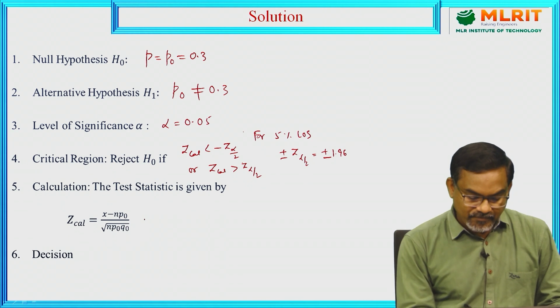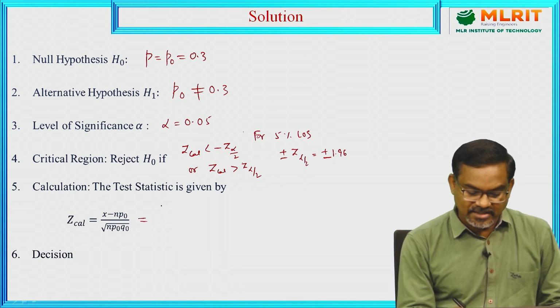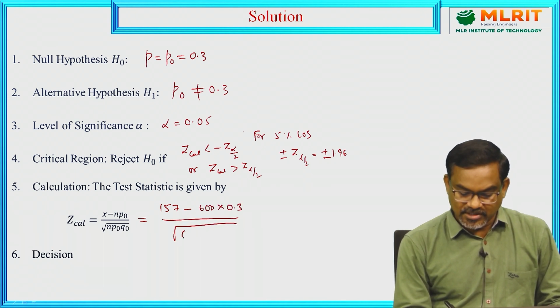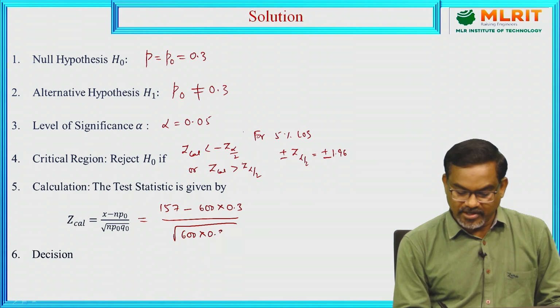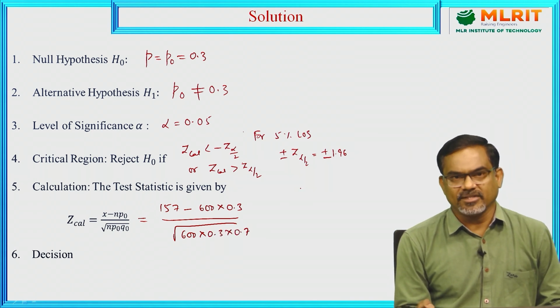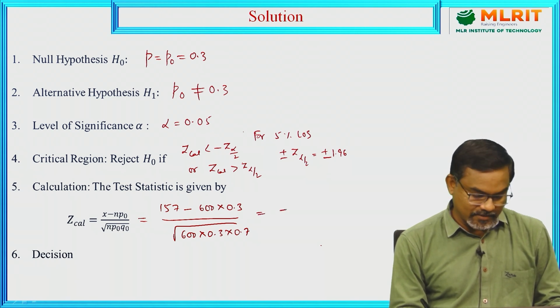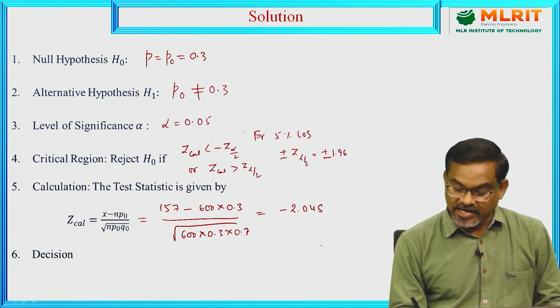Now, if you substitute all those values, x equal to 157, drove into wrong lane, n is 600 into proportion is 0.3 under root 600 into 0.3 into q naught is 0.7, 1 minus p naught is q naught. If you calculate this value, we will get minus 2.0489.